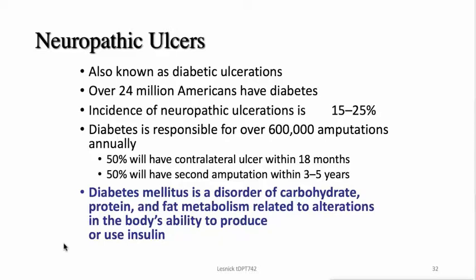Diabetes is responsible for over 600,000 amputations annually. 50% will have a contralateral ulcer within 18 months, and 50% will have a second amputation in 3 to 5 years. Diabetes mellitus is a disorder of carbohydrate, protein, and fat metabolism related to alterations in the body's ability to produce or use insulin.